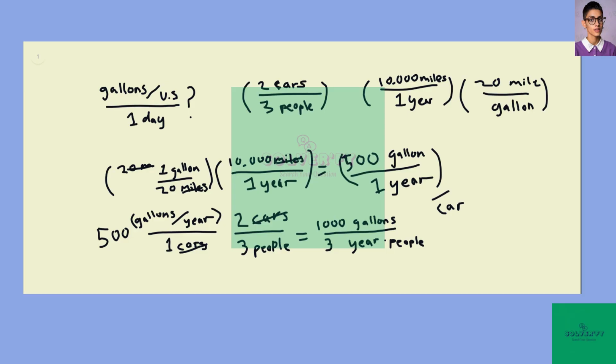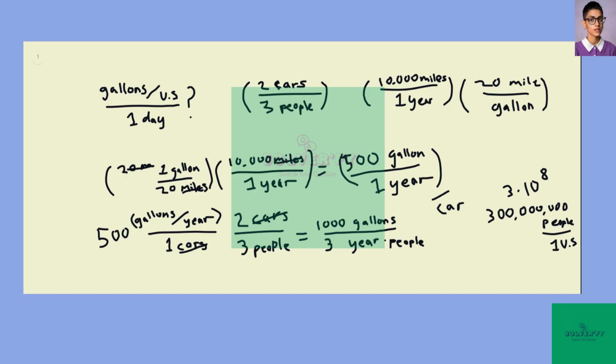What we have to recognize from here is that in the United States there's a certain amount of people. We're going to approximate that there are about 300 million people for 1 US. In scientific notation, we can write this as 3 times 10 to the 8.